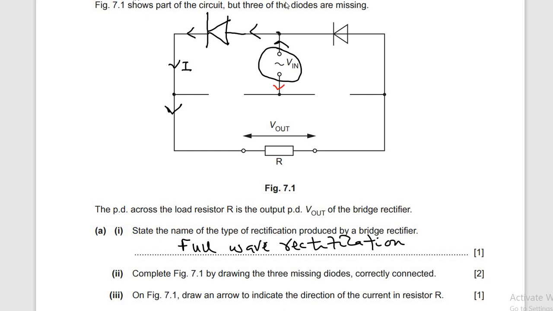When it comes out from a diode, it must pass through a resistor first. When it passes through a resistor, the voltage will drop here. So the current is going like this.